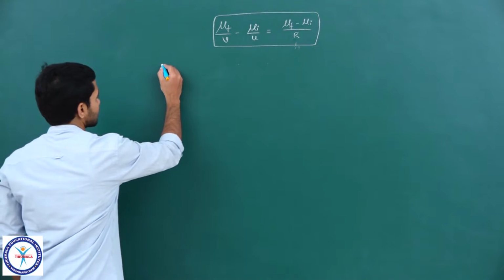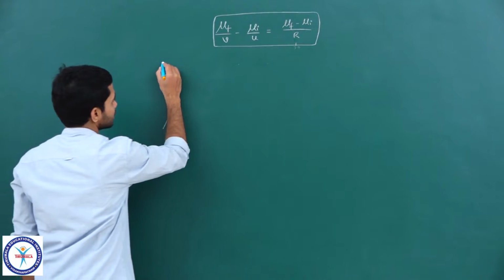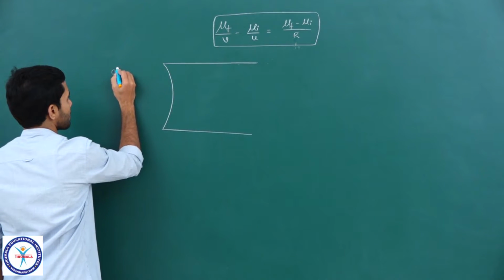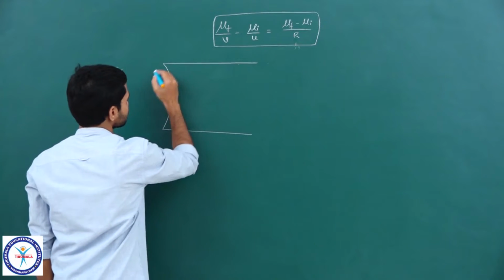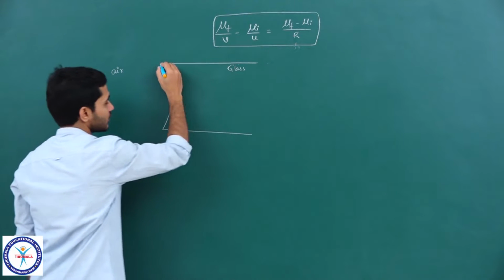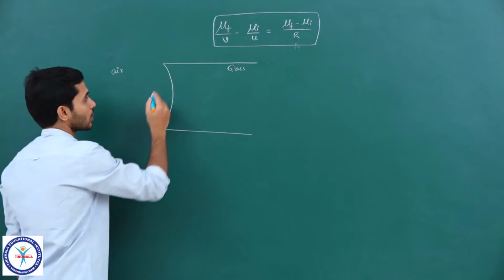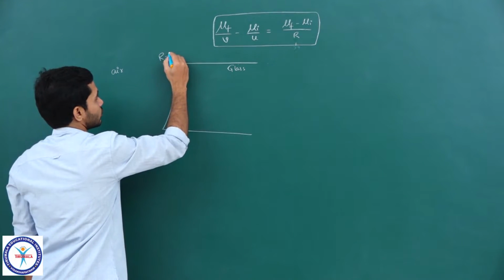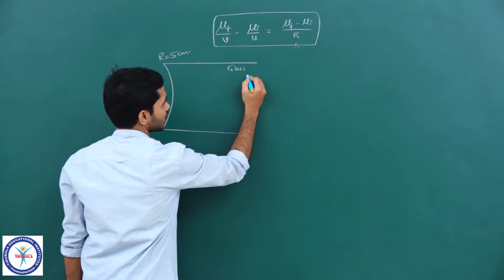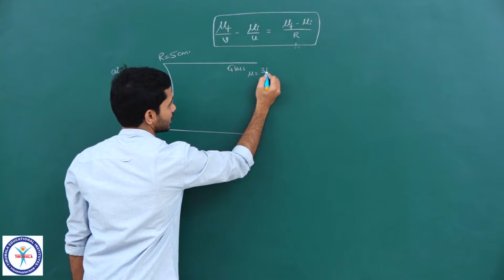Okay. So, let us consider that we have an interface separating air and, let us say, glass. The interface is spherical, the radius of which is 5 centimeters. Clear? With glass, you know that the refractive index is 3/2, correct?